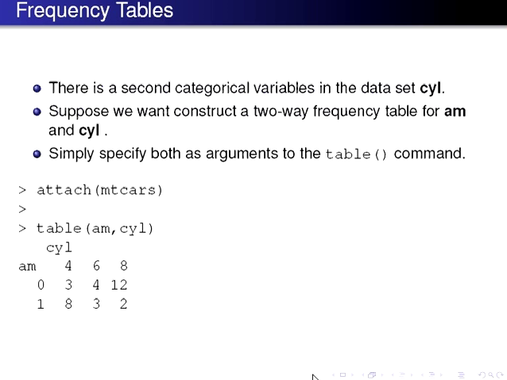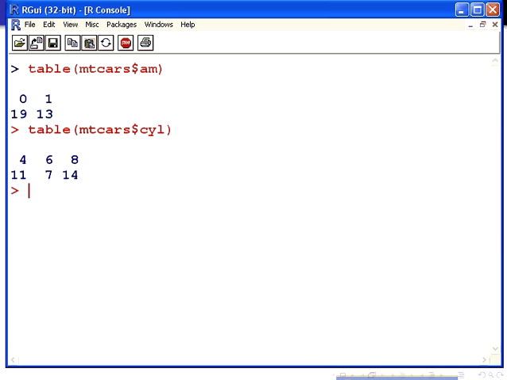So suppose we want to construct a two-way frequency table for both am and cyl. Essentially what we do is we just specify both. So let's have a look here. What I'm going to do is attach mtcars, just to save me a lot of typing.